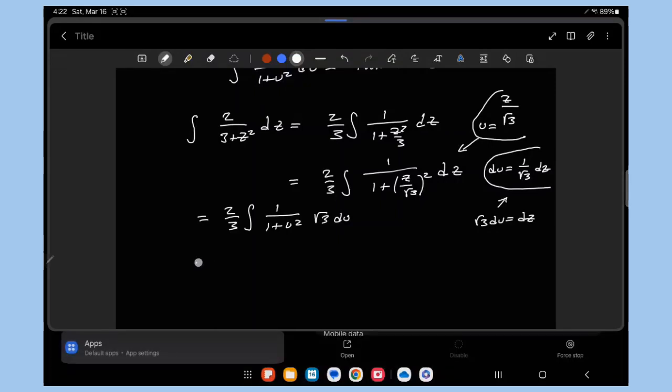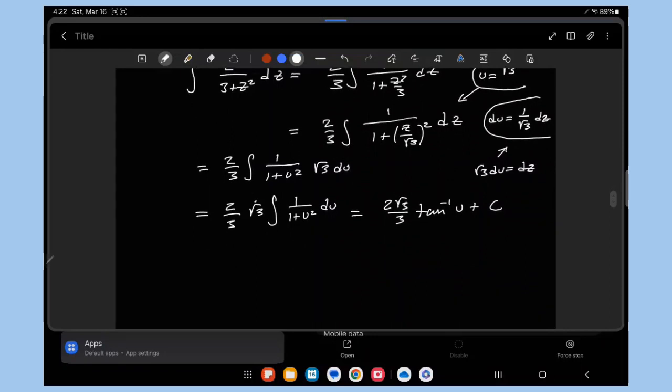So the integral that we have, we can rewrite as 2/3 times the square root of 3, integral of 1 over 1 plus u squared du, and that can be written as 2 square root of 3 over 3 inverse tangent of u plus a constant of integration.